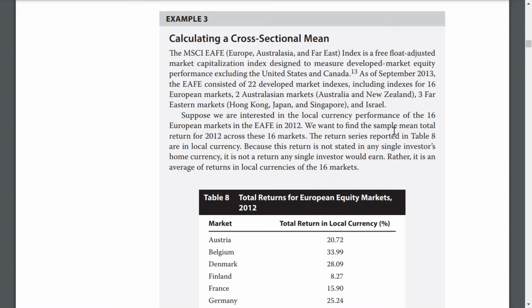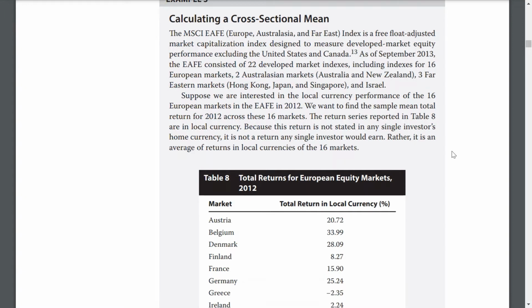Suppose we are interested in the local currency performance of the 16 European markets in the EAFE. For 2012, we want to find the sample mean total return across the 16 markets. The return series reported in Table 8 are in local currencies, because this return is not stated in any single investor's home country. It's not a return any single investor would earn.